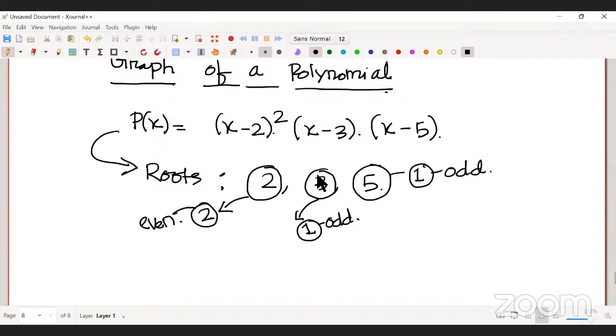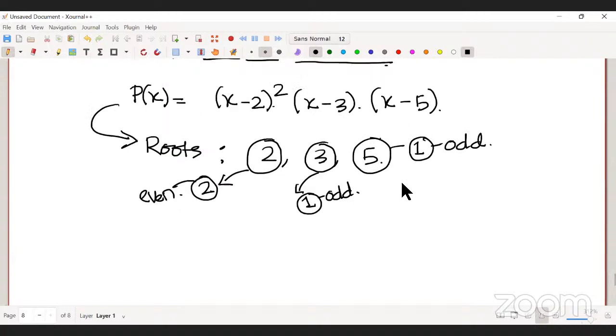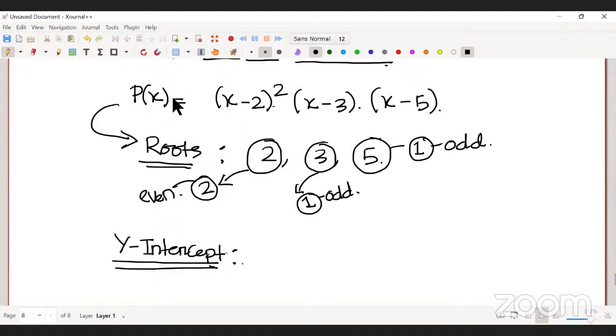So the next thing you need to do is find the y-intercept. What do you need to do to find the y-intercept? In the y-intercept, your x coordinate is 0, right? Yes, sir, we need to put zero in place of x.